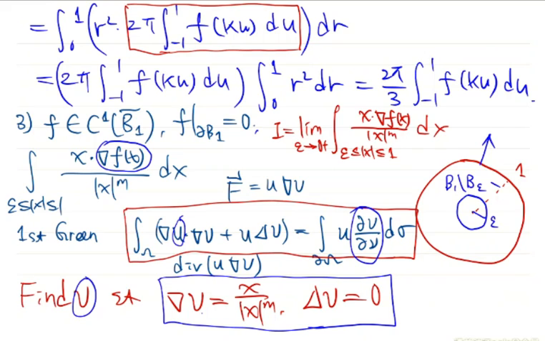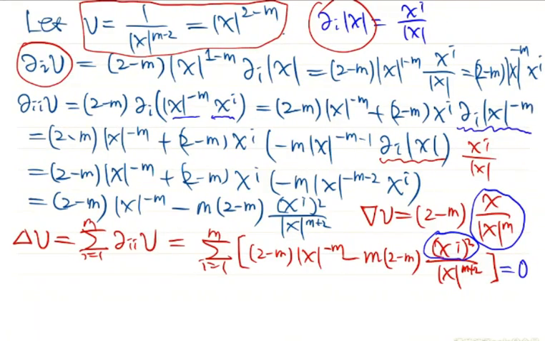The outward normal vector on the unit sphere points outward, but it points inward on the inner boundary, that is the sphere of radius epsilon, because you want to point outward of the domain, so you need to point inward on the inner sphere. Therefore we know that mu is minus x.